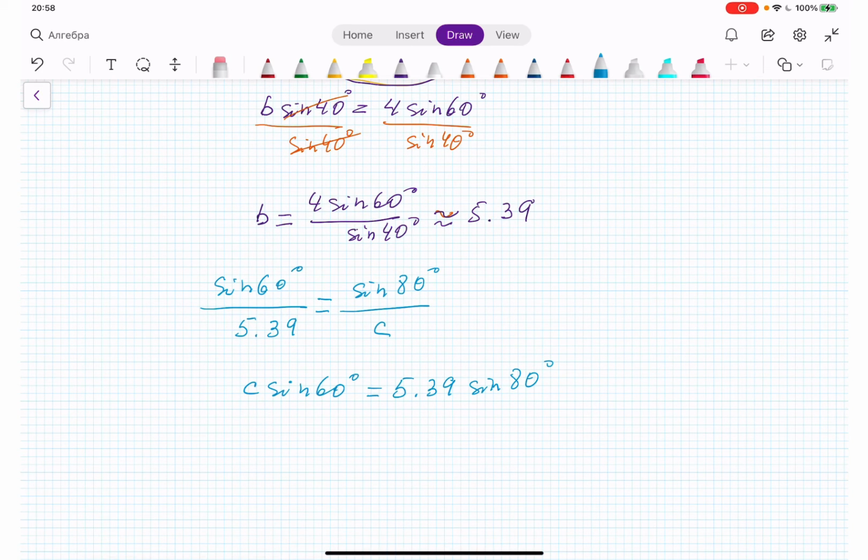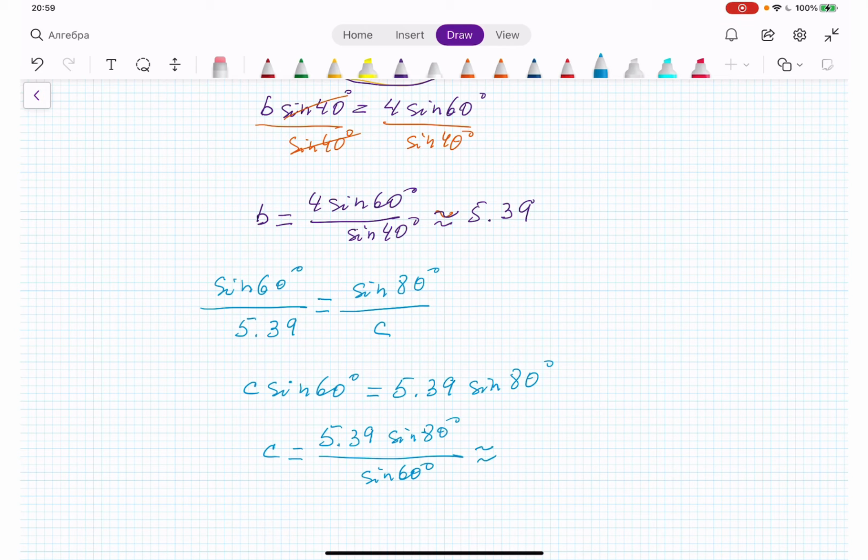From here I have to divide both sides by sine 60 because I need C, and the result is going to be 5.39 sine 80 degrees divided by sine 60 degrees.